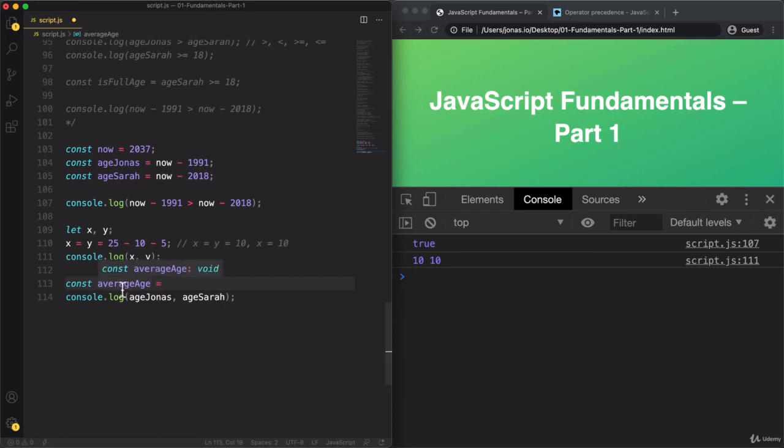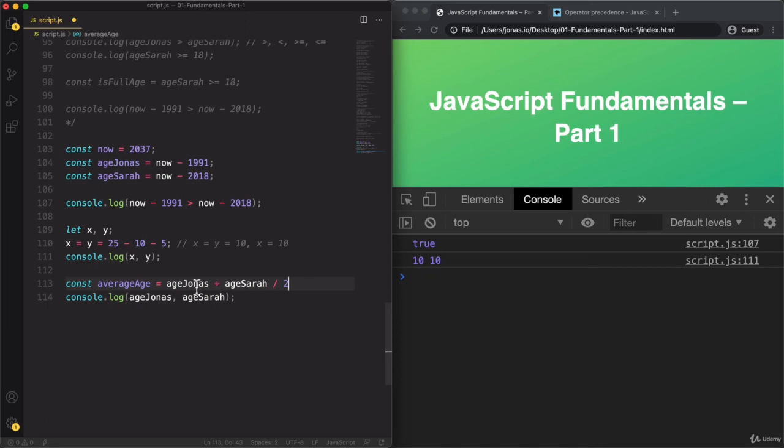So average age describes exactly what this variable is going to hold. So to calculate an average, we need to add two values together and then divide them by 2. At least that's when we have just two values. So let's say age Jonas plus age Sarah. So that's the addition, and then divided by 2.